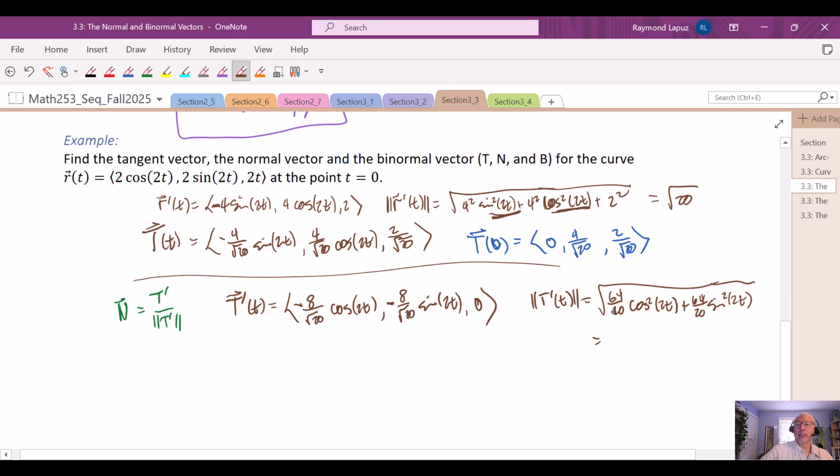So we factor out a 64 over 20 under a square root, and then that just leaves us with 1 with a sine squared and a cosine squared.